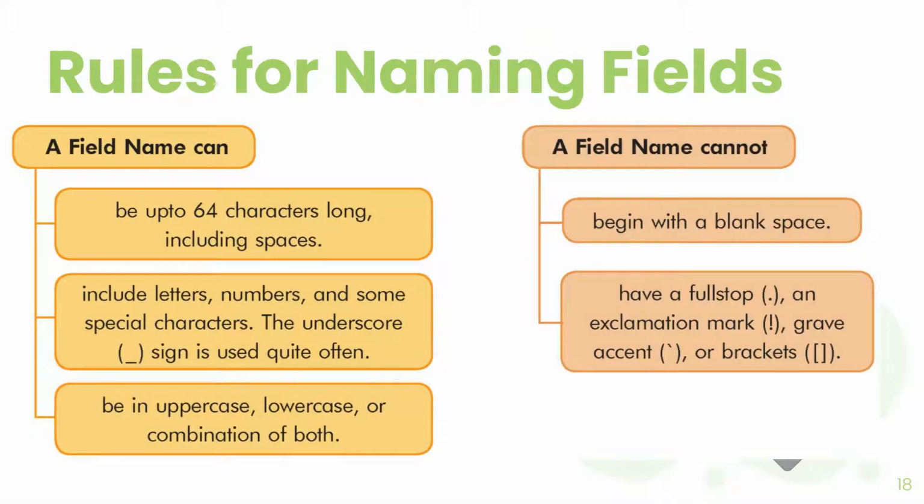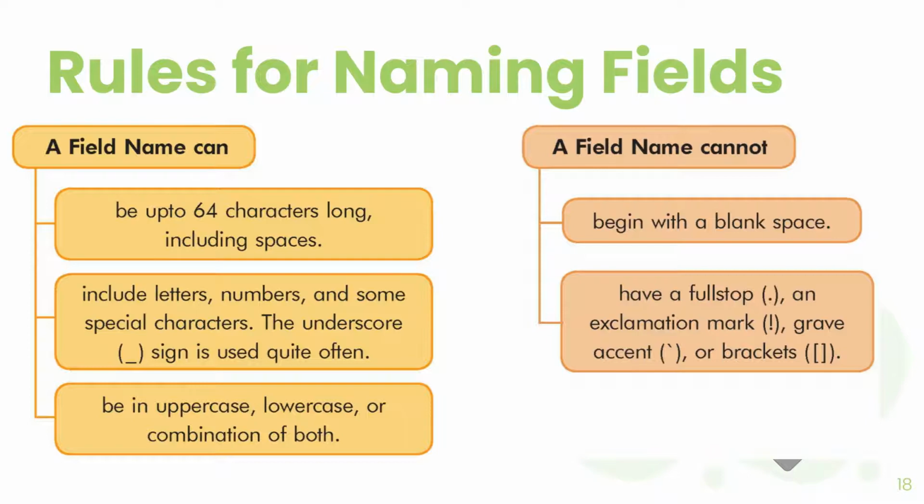Rules for naming fields. While naming fields, you must follow some norms, which are: a field name can be up to 64 characters long, including spaces, and include letters, numbers, and some special characters.